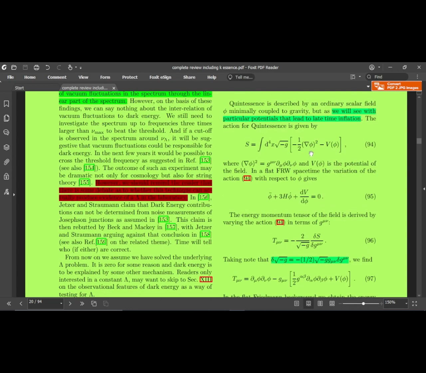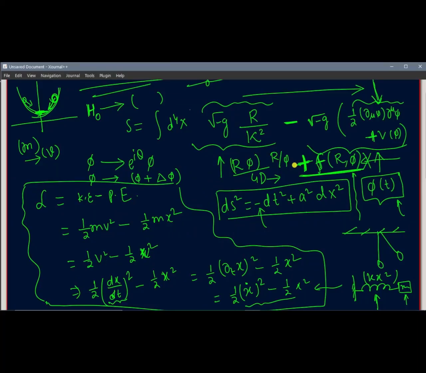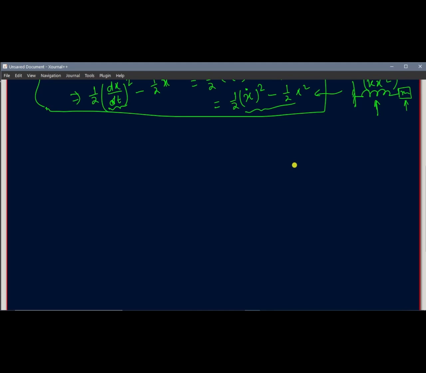Now del phi, as I have written here, is d_mu phi, and if you take the g00 component, it will give you phi dot squared. If you take only g^{mu nu} d_mu phi d_nu phi, it gives you g00 d0 phi d0 phi.